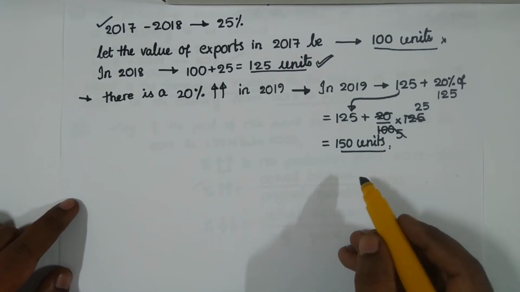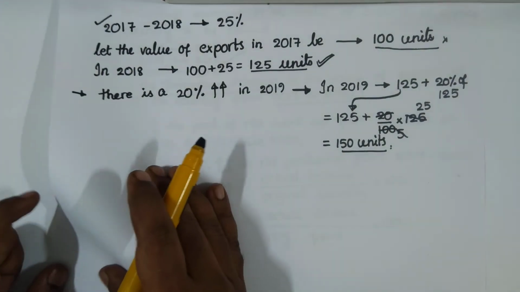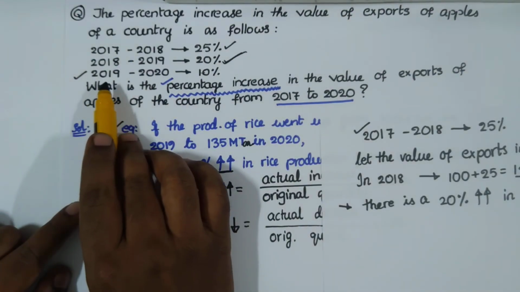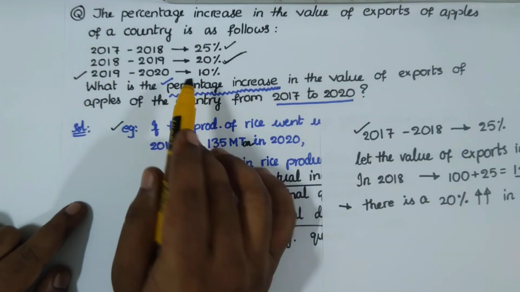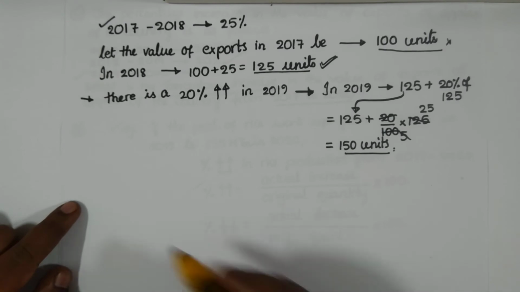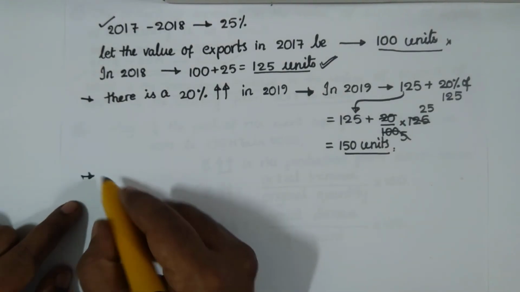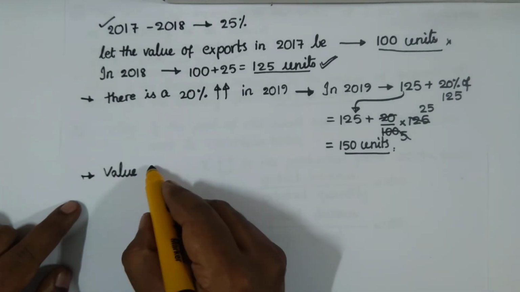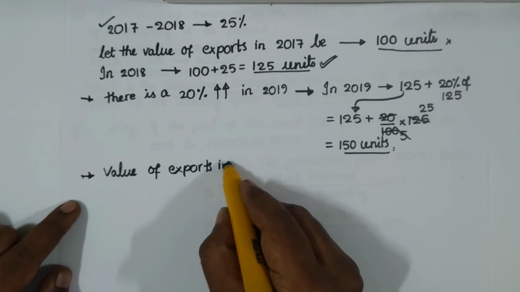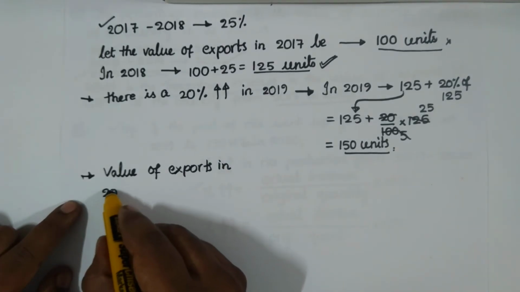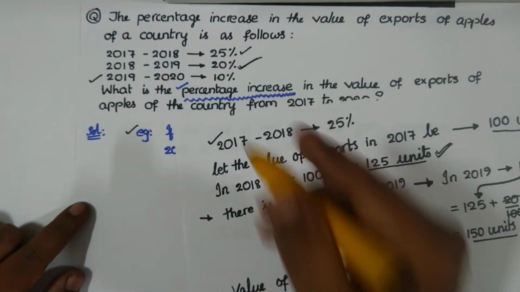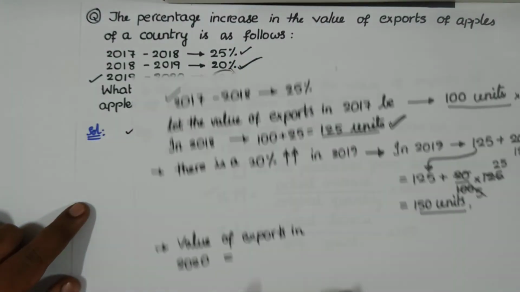Now the last one is this. From 2019 to 2020, there is a 10% increase in the value of exports of apples. So in 2020, the value of exports is equal to what now? It says 10% increase, right?